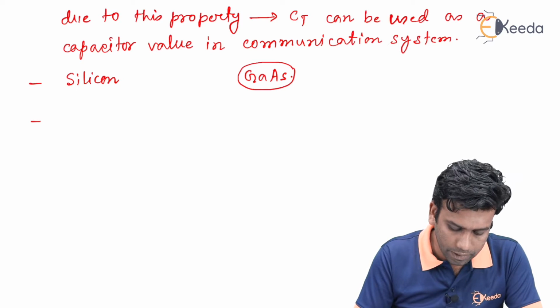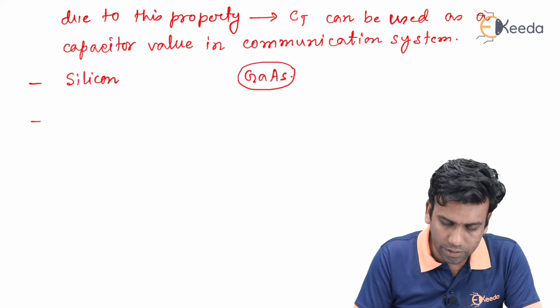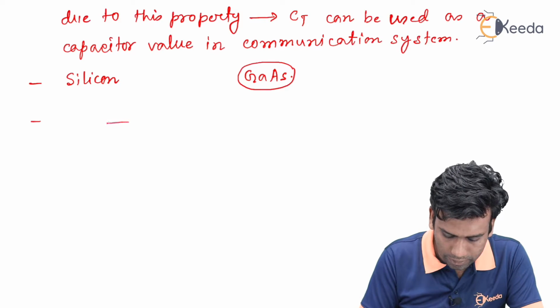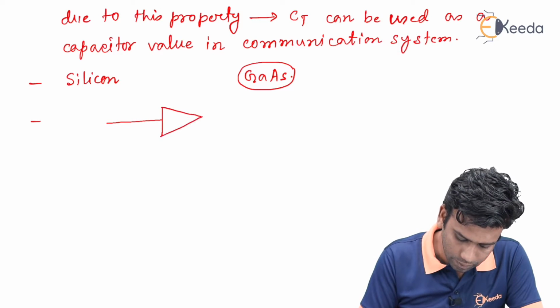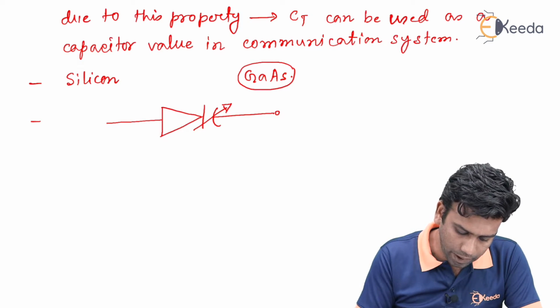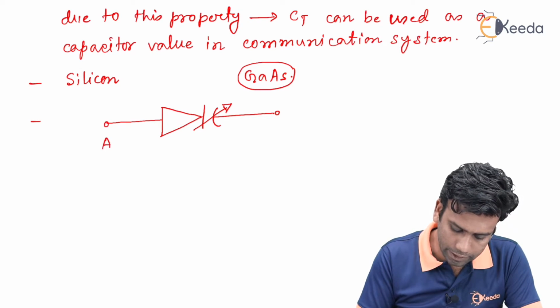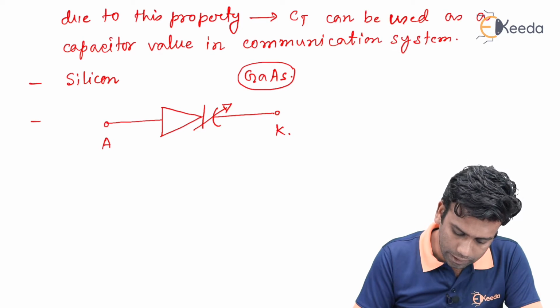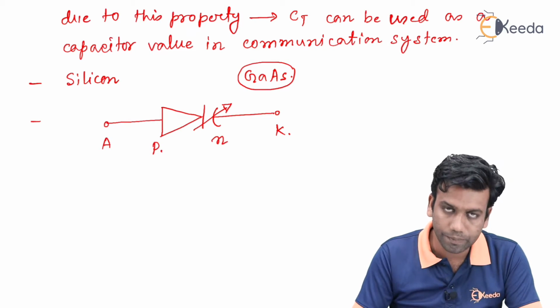Next, the symbol of this Varactor diode is like the following, and this is the anode part and this is the cathode part, or we can say this is the N side and this is the P side.